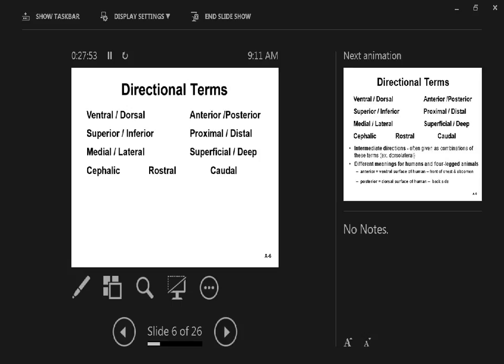Rostrocaudal, you'll see in 202, I think, when you talk about the brain. What's the example? The forebrain is rostral to what? The brain. Because when you take 202, you're going to talk about the forebrain, the midbrain, and the hindbrain.